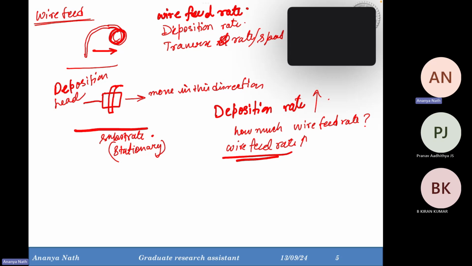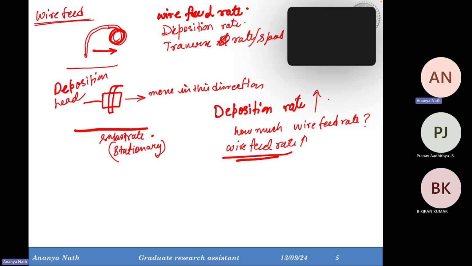So the wire should come fast to match the speed of the travel head or deposition head. That's why the wire feed rate should be high, and thus the wire feed rate is dependent upon the deposition head and vice versa.